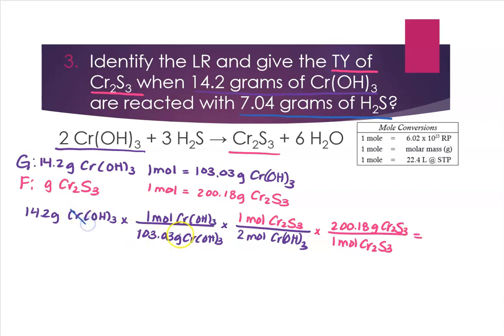Grams cancel with grams, moles cancel with moles, and I am left with grams of Cr2S3. So 14.2 times 200.18 divided by 103.3 divided by 2 gives me 13.8 grams of Cr2S3 from CrOH3.